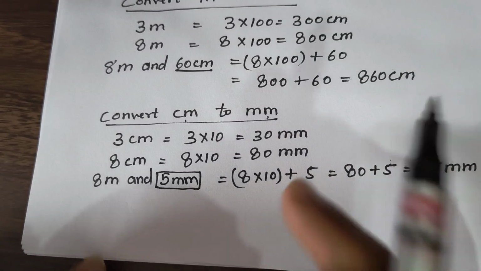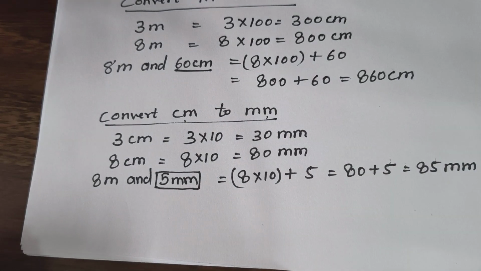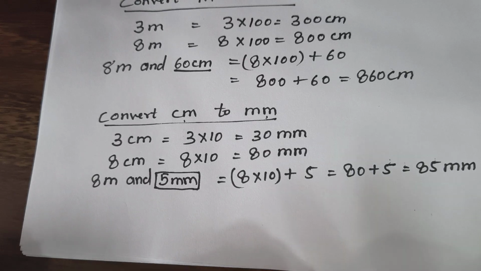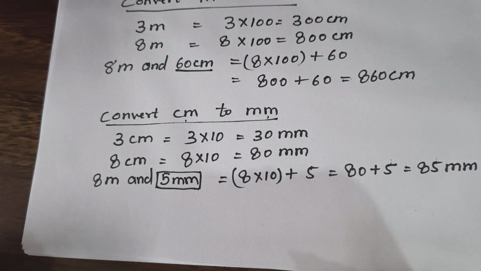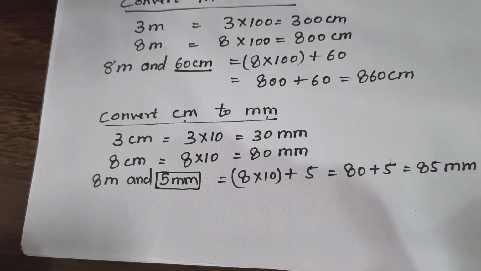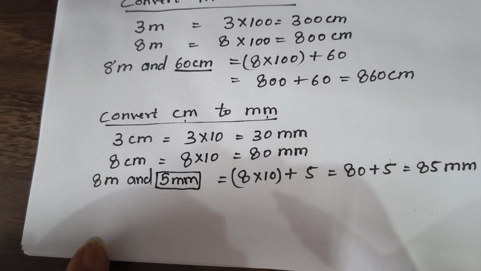Okay, this video you have to see 2-3 times if you don't understand, but make this very clear in your mind. That's all for this video. Next video I'm going to tell you from smaller unit to bigger unit, what we do when we have to convert from smaller unit to bigger unit.